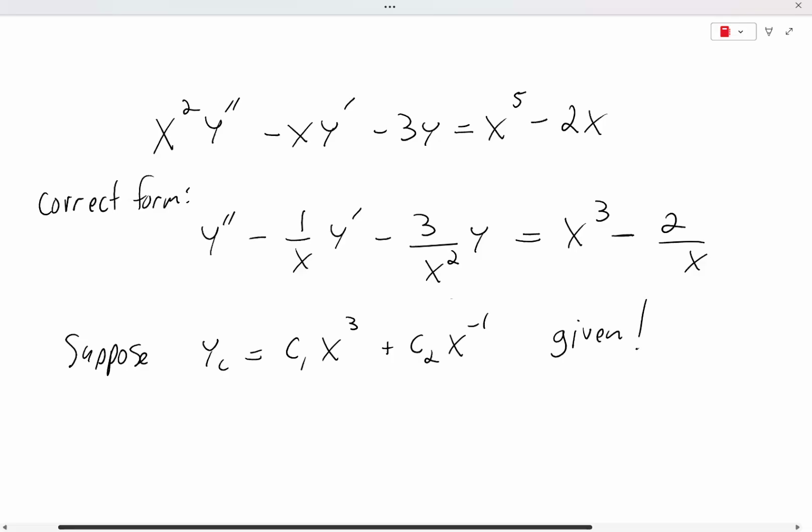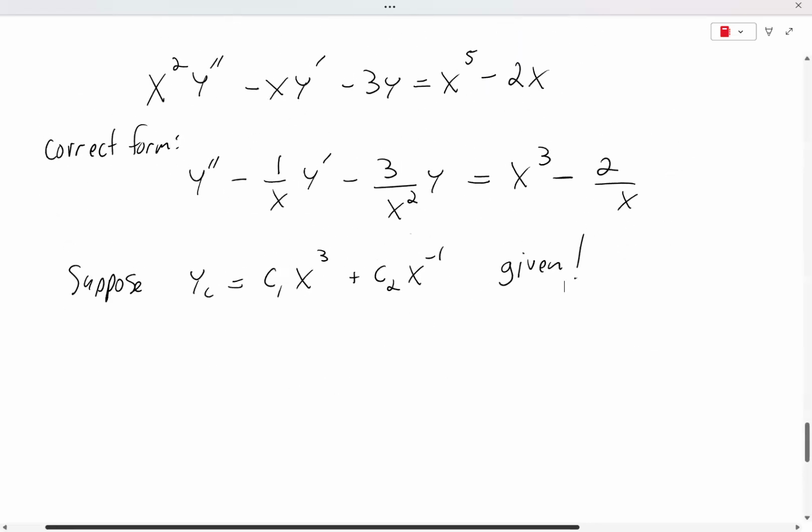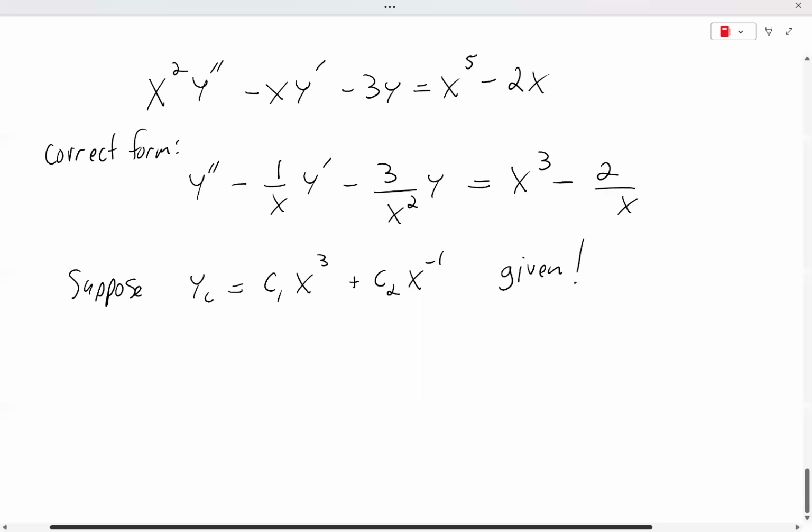So you'll be given the complementary solution here. Once you have that, it's just like before, you go right to the same process again.